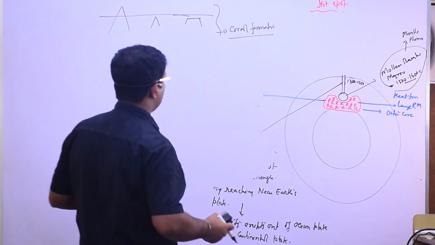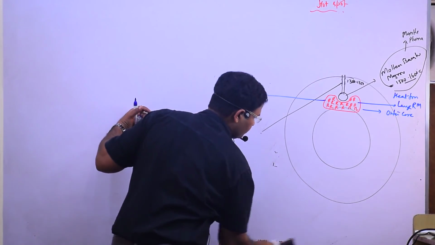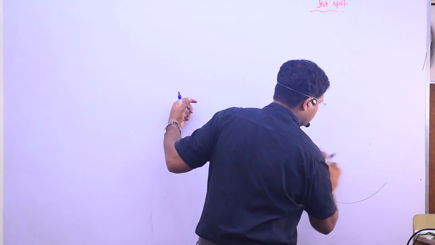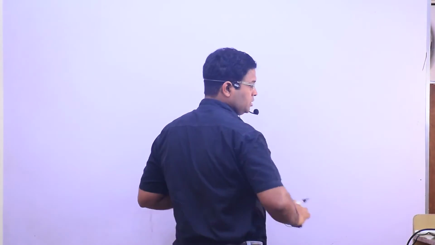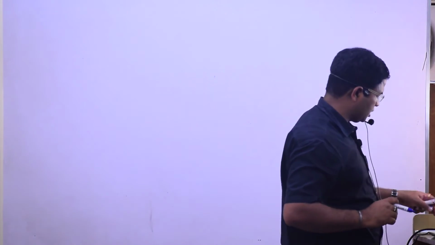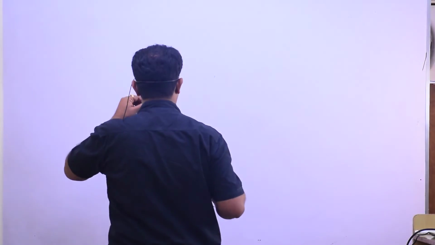Understood? So we have divergence and convergence, and you have to make this picture much better. The better this picture is, the better your concept clarity will be.